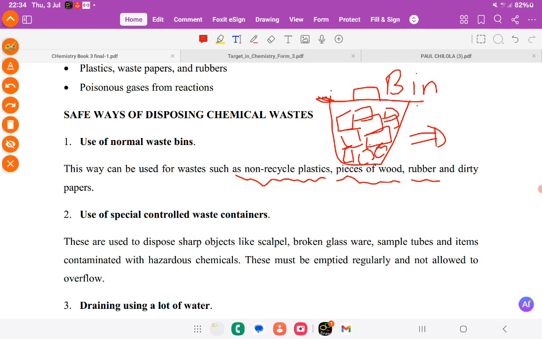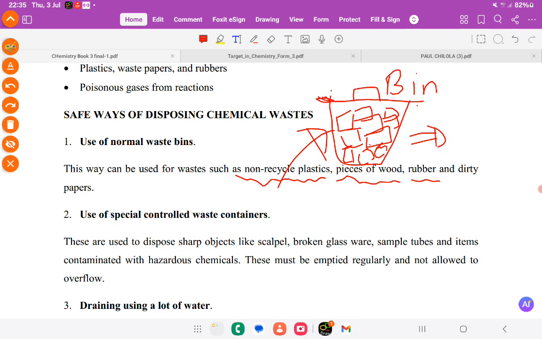Yeah, like tissue paper, or the papers you use to wipe your benches as you do experiments or practical work. So these can be thrown into the bin and finally taken to a place where they are either burnt, buried, or otherwise.